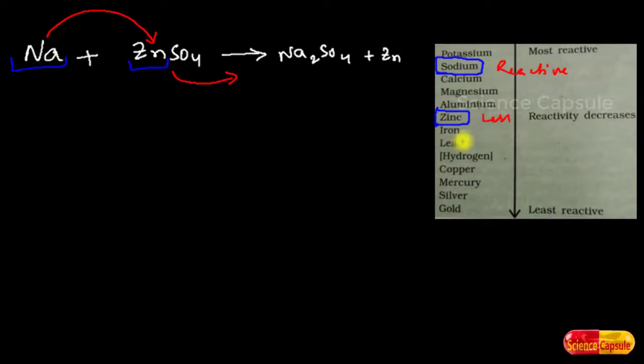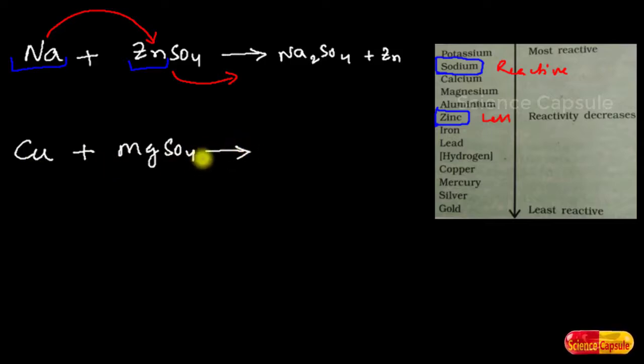With the help of the activity series we can easily find out the reaction of metals with solutions of other metal salts. We have to find the reactivity of metals with the help of the activity series. Let me take some other examples. Here I am taking copper as the metal which is put in magnesium sulfate solution. This is the metal salt solution and here it is the metal.